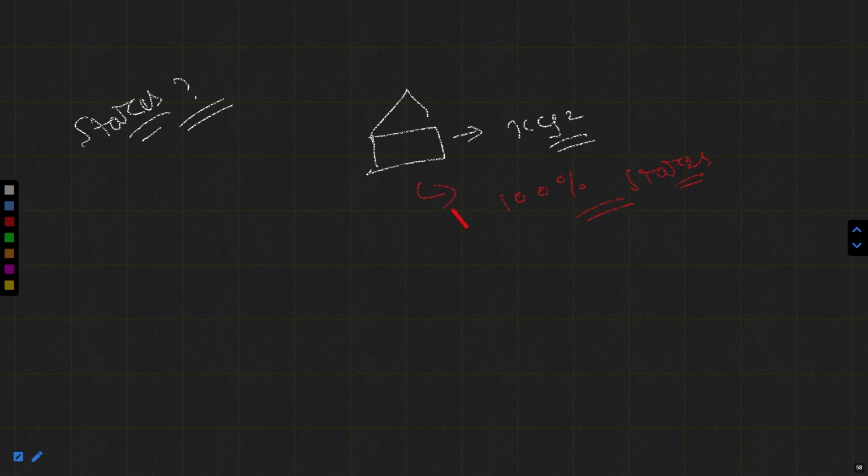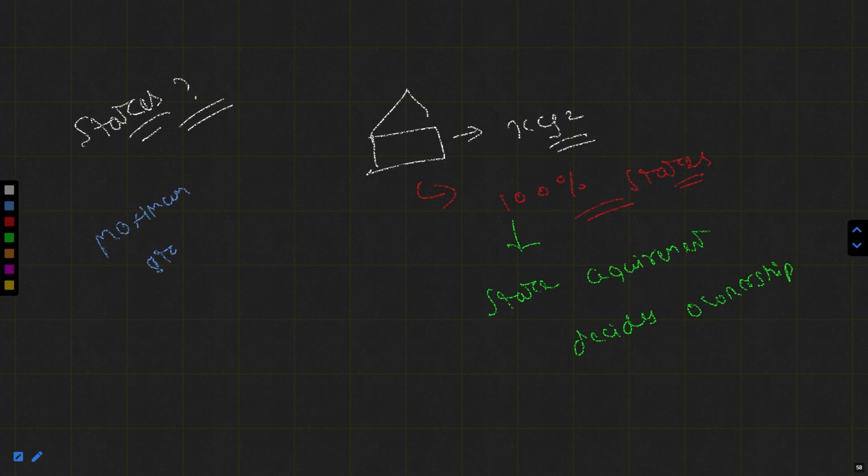The stake acquirement decides the ownership of that particular organization, like the person who will hold maximum stakes, or maximum percentage of stakes, in a particular organization will be declared as the owner. That is what we had already discussed in the previous lecture.